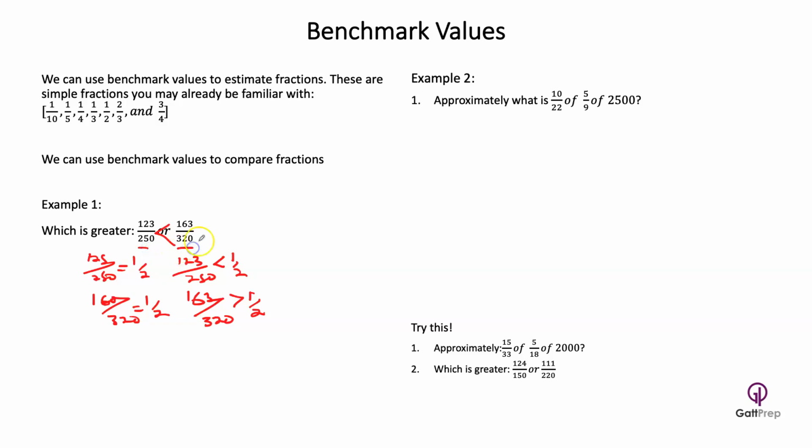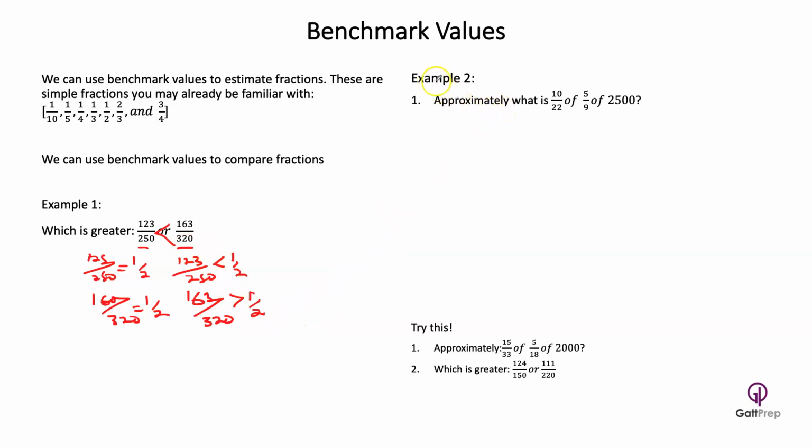So we didn't do any computation. We just looked at the numbers. Both are approximately close to half, but one is slightly bigger than half and one is slightly less than half, and we use this to determine which one is bigger.